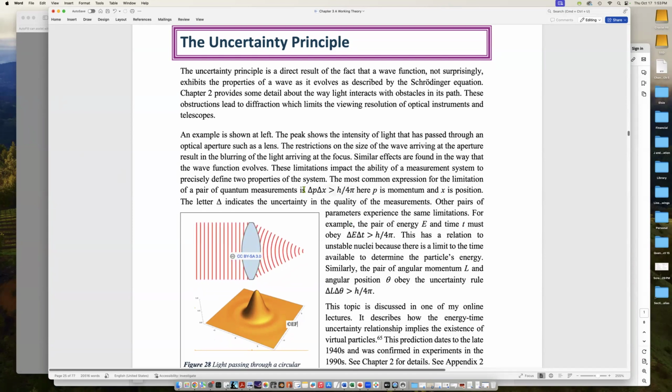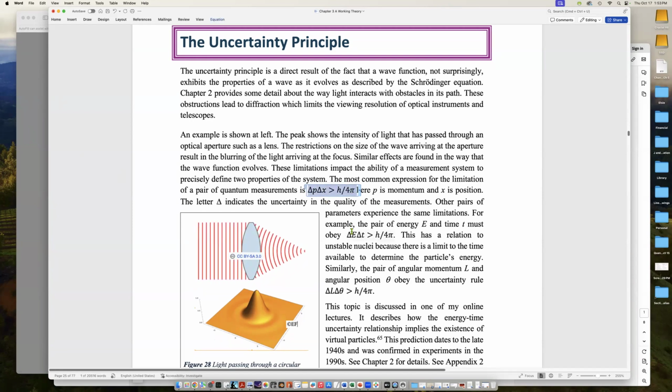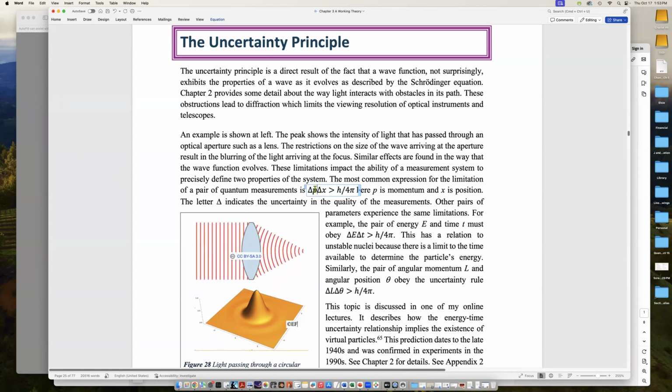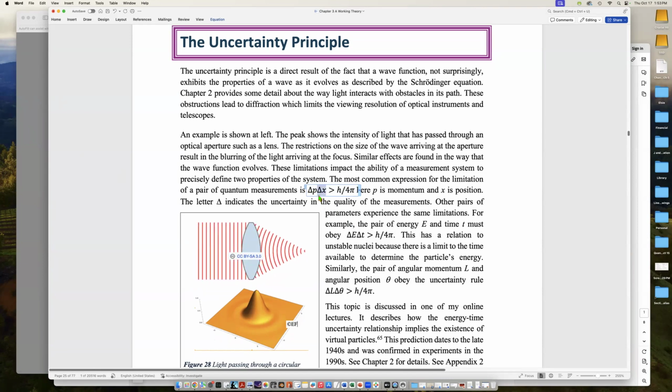So the way it is depicted equationally is this: the measurement uncertainty of the momentum of a quantum particle, which is related to its speed, and the measurement uncertainty of its position, when you multiply those two uncertainties together, it has to be bigger than this number, where, again, that is Planck's constant.